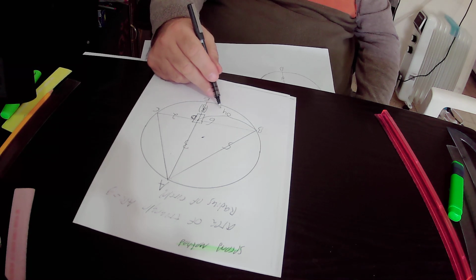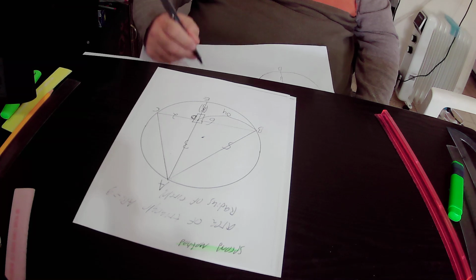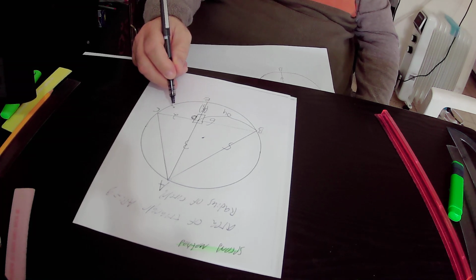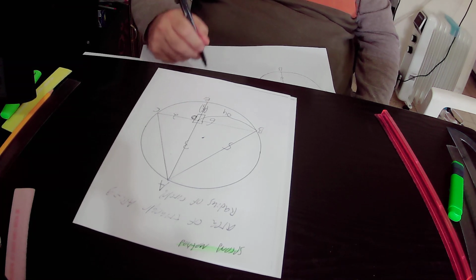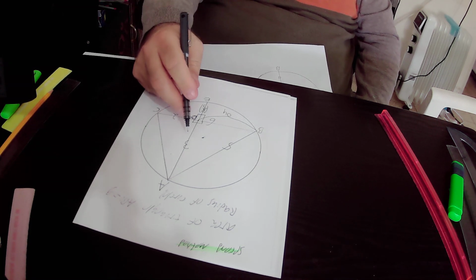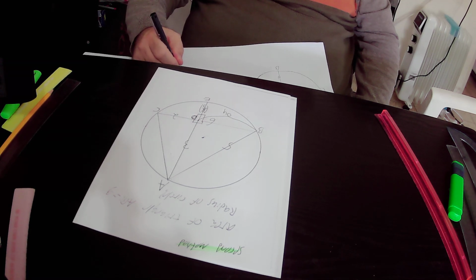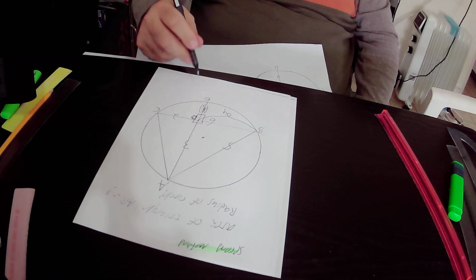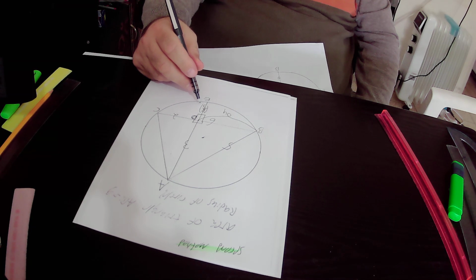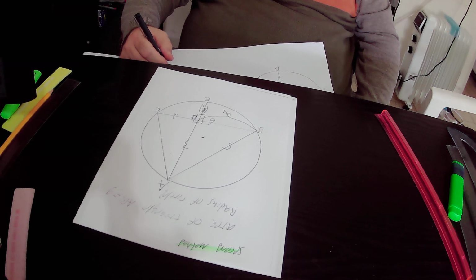BD equals 4, so BD squared is 4 squared, that is 16, plus DC squared. DC equals 2, so this is 2 squared, that is 4, plus AD squared. AD equals 3, so AD squared is 3 squared, that is 9, plus DE squared. DE equals 8 over 3, therefore DE squared equals 8 squared over 3 squared, that is 64 over 9.